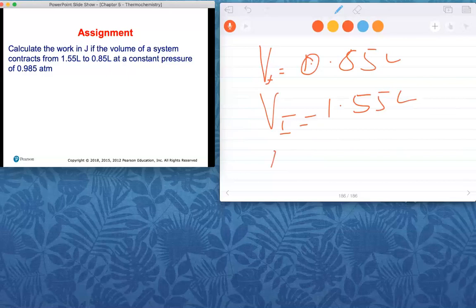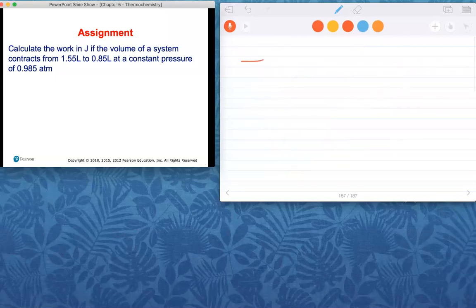The change in volume is V final minus V initial: 0.85 minus 1.55 gives negative 0.7 liters. Now multiply by the pressure.